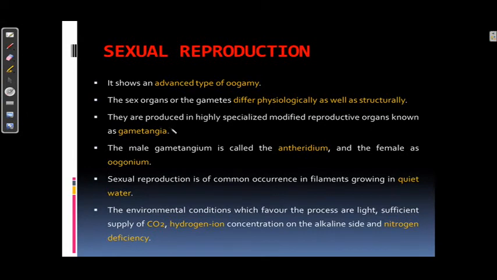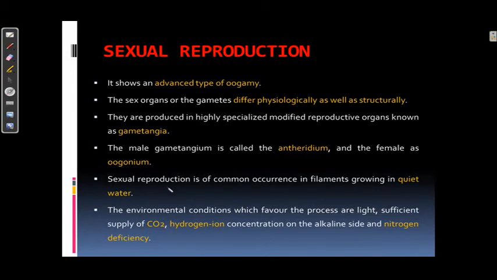The gametes are produced inside the specialized reproductive organ, which is called gametangium. The male gametangium is called antheridium that produces antherozoid, and the female gametangium is known as oogonium that produces the female gamete.